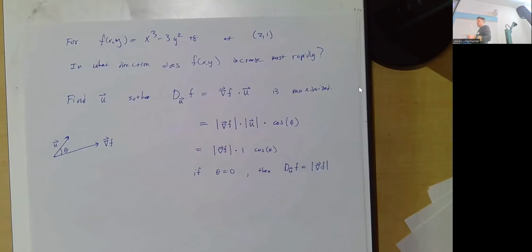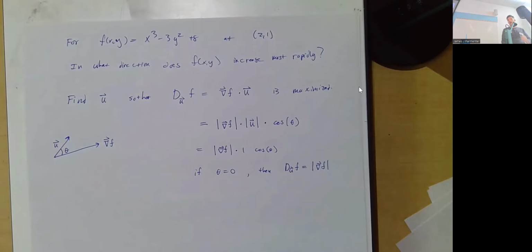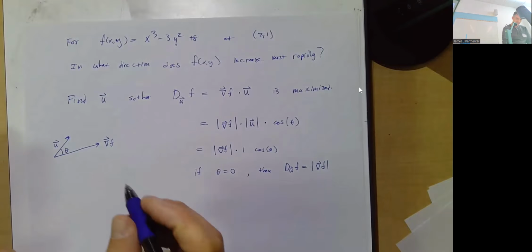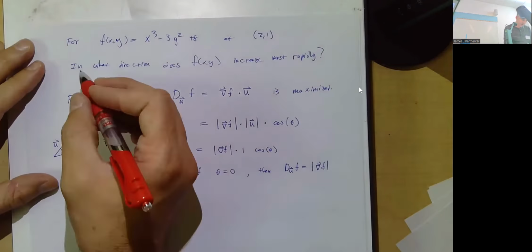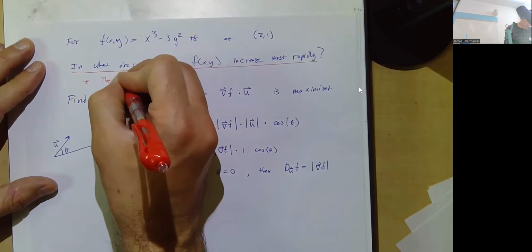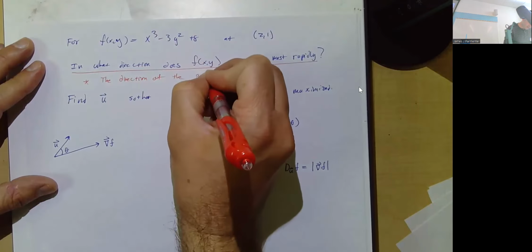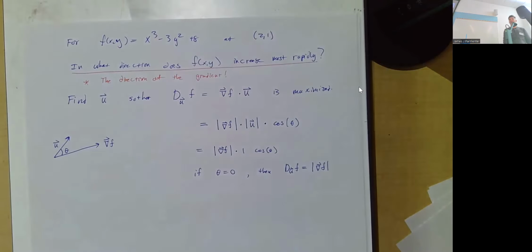There is no difference in where u is pointing and where the gradient is pointing. So the direction that the function increases most rapidly is the direction of the gradient. To answer that here, it's the direction of the gradient. And that is always true. The direction of the gradient is always the direction of most rapid increase.